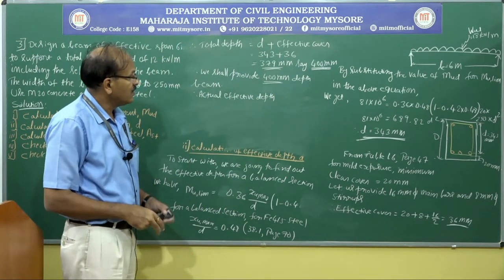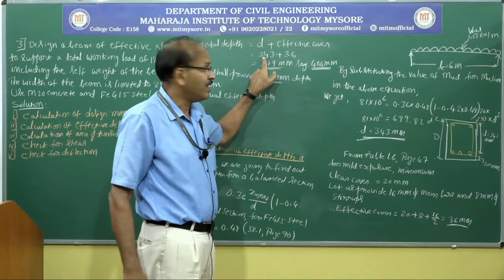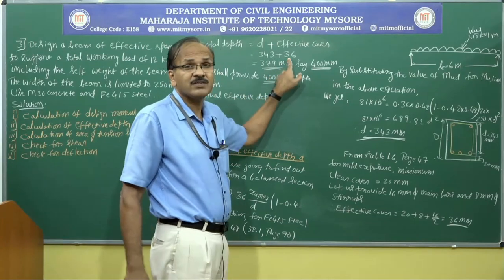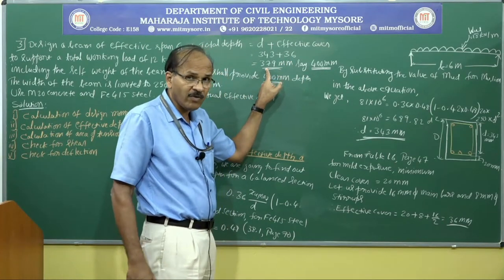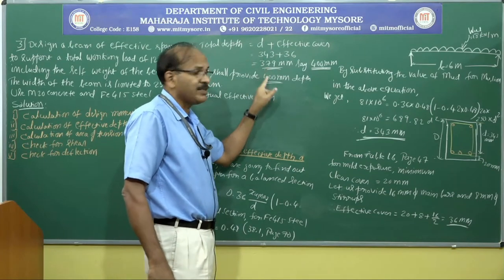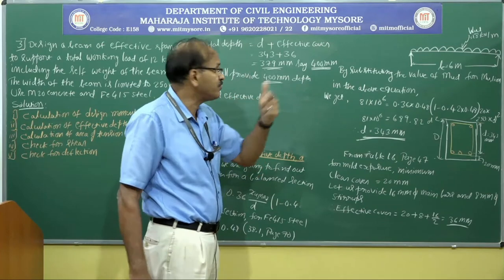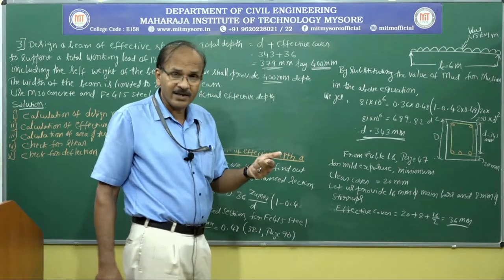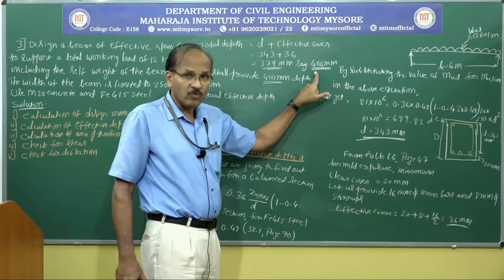Remember, it was 343 required, 36 is the effective cover, add it, that is the minimum overall depth required, but we are not going to provide this fractional value. Instead, we are going to increase the depth to the next higher number. So, it turns out to be 400 millimeter, the overall depth.